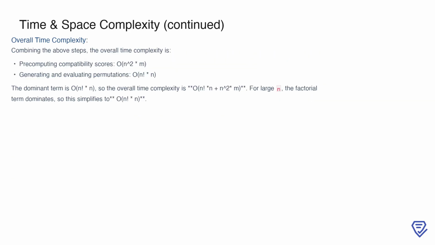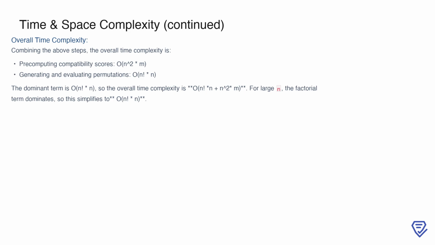Now, combining the time complexities of these steps gives us the overall time complexity. Pre-computing the compatibility scores takes n squared times m. Generating all possible permutations and evaluating their scores takes n times n!. The dominant term here is n times n!, which means the overall time complexity is n times n! plus n squared times m.